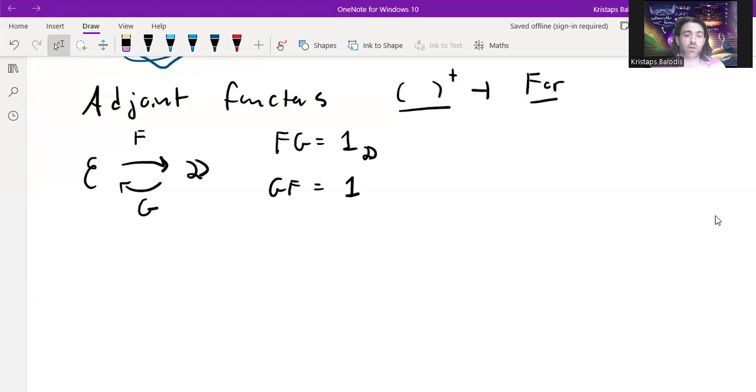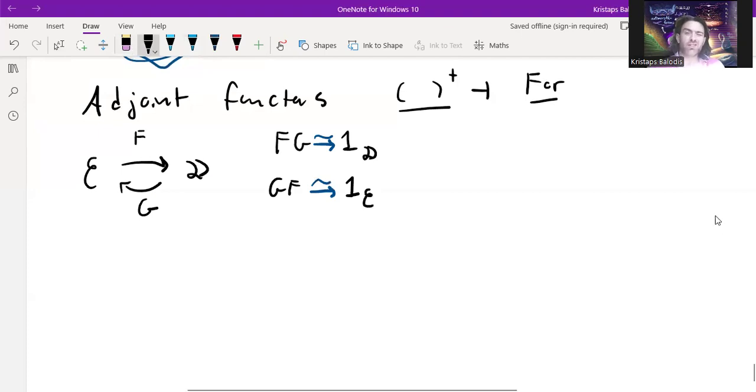And I sort of argued that maybe that's a bit too strong. So then I said, well, maybe instead of having them just straight up equal, maybe they're at least isomorphic as functors, which is to say there's some natural transformations between these things. Oh, X, that should be a C.